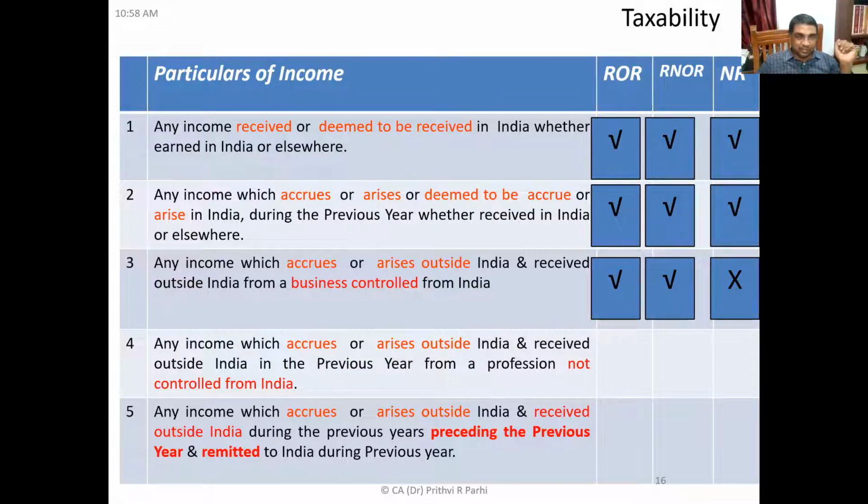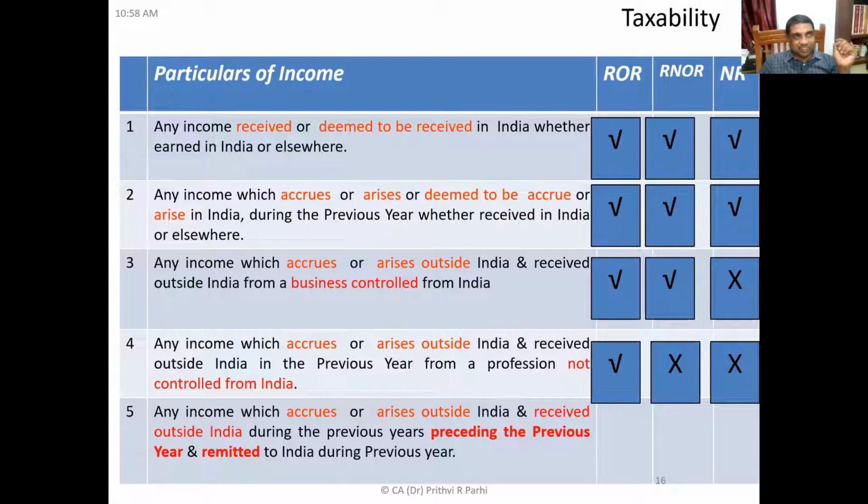Yes, sir. For ROR, Indian income and foreign income, as I have told you, global income is taxable. But what about RNOR? No, sir. Not taxable. Why? Sir, it is not controlled from India. What about NR? No, sir.